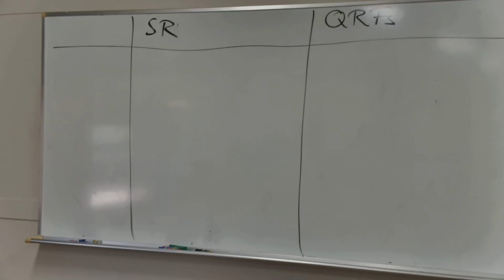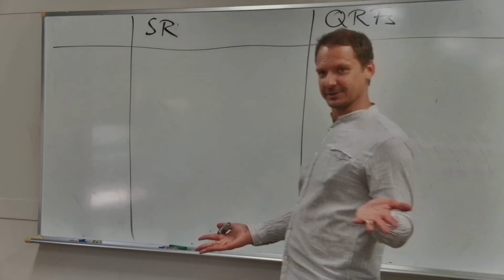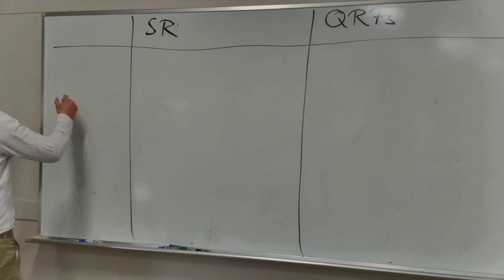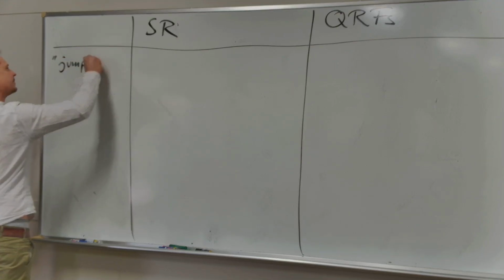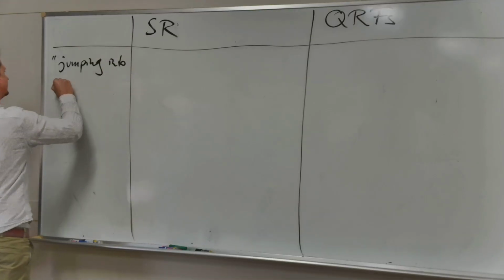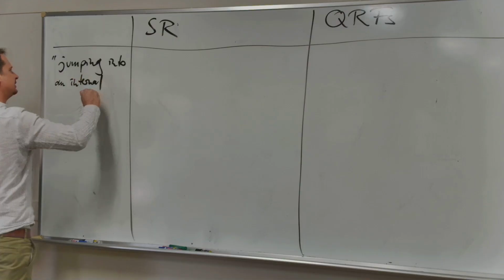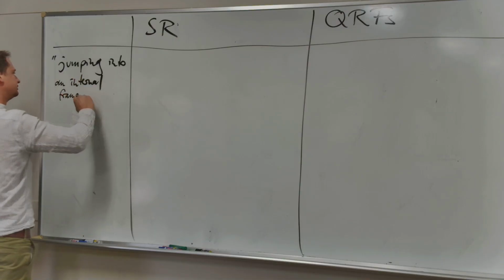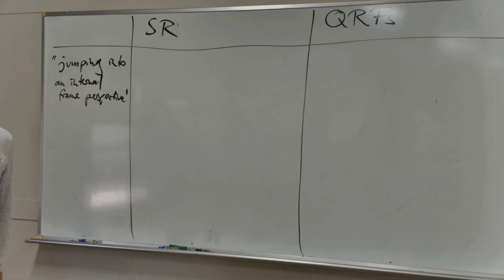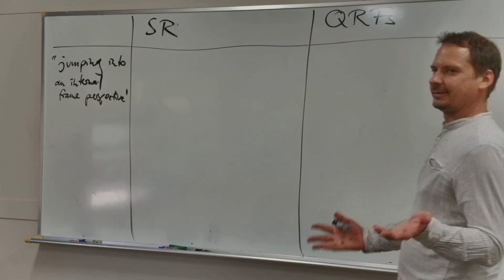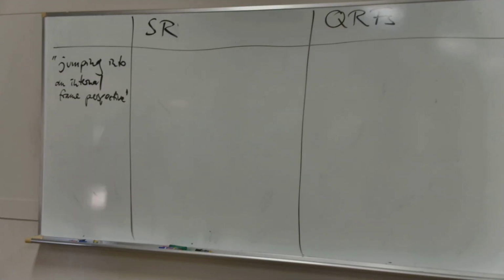And right, so now we want to come to the quintessential question of internal quantum reference frames, which is jumping into an internal frame perspective. So yeah, we need to clarify what that means, because before we can say what it means to change quantum reference frames, we have to, of course, say what it actually means to jump to a frame perspective.